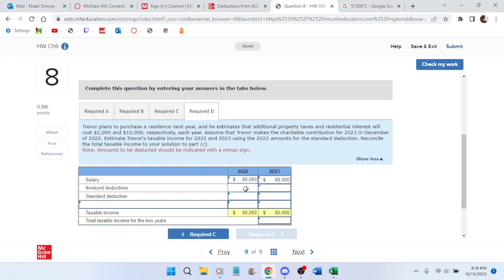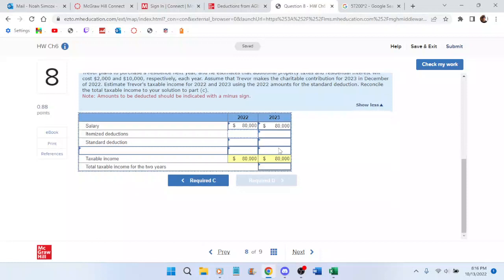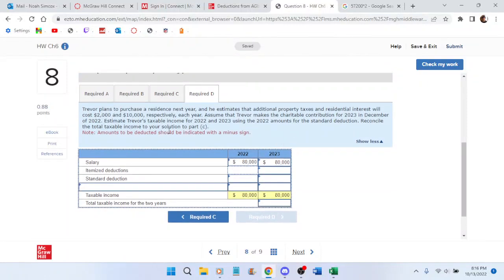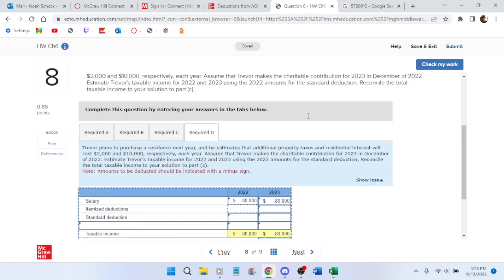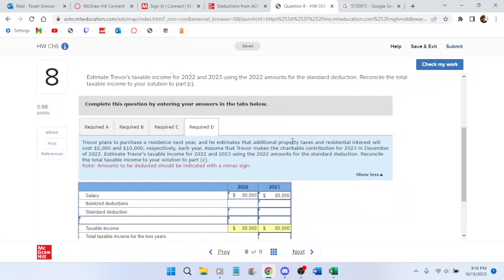So itemized deductions, we have already determined. Oh, okay. We have to add everything up. What are the deductions? We're going to have 12,000 plus no charitable contribution plus this. Right.